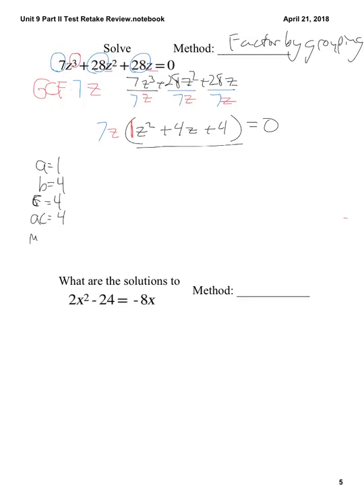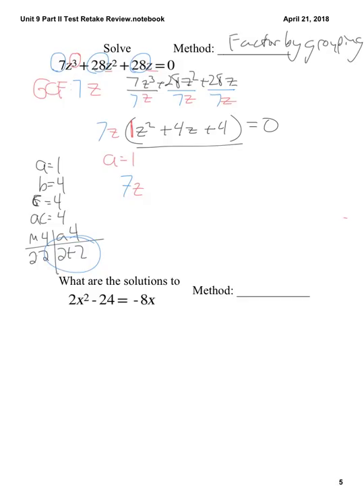So we need to find something that multiplies to 4 and adds to 4. Well, that's pretty obvious, 2 times 2 and 2 plus 2. Since a is equal to 1, I can use the 2 and the 2 as my factors, which means I'm still going to have my 7z. That didn't go anywhere.